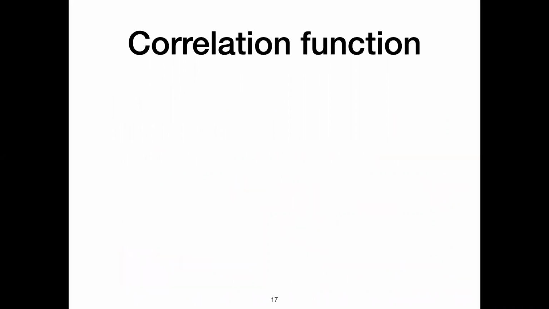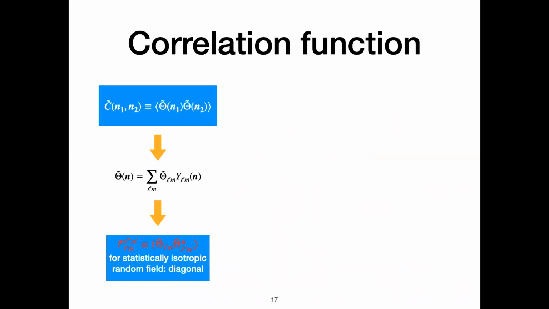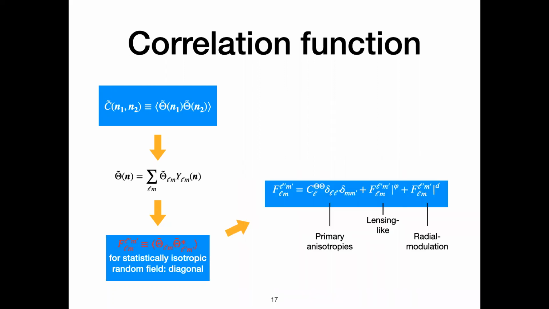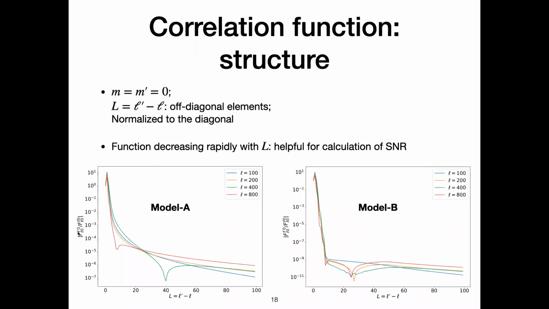So we have f of L, m, L prime, m prime, and we set m and m prime to 0. As you can see on the y-axis, this is the correlation function normalized with respect to the diagonal elements, and the x-axis on both of these graphs is the number of off-diagonal elements.